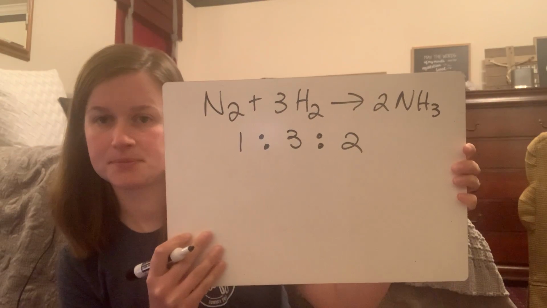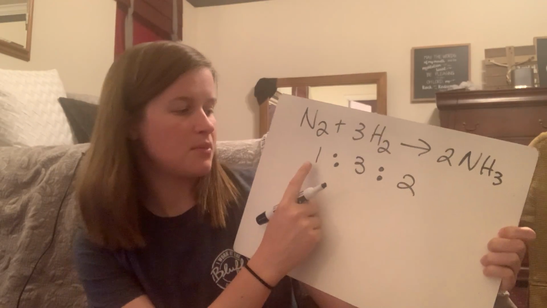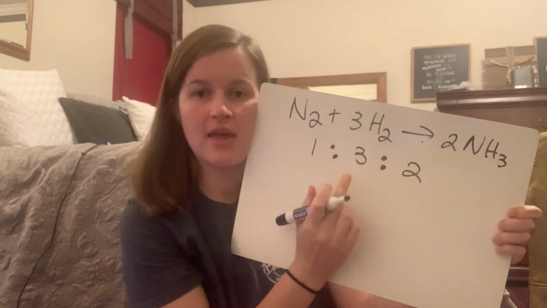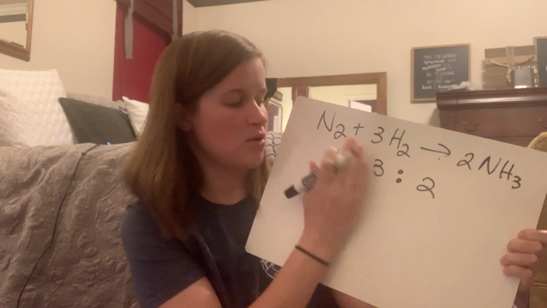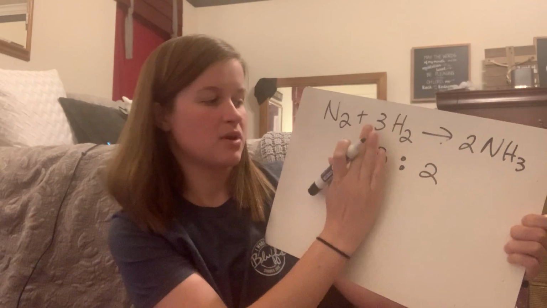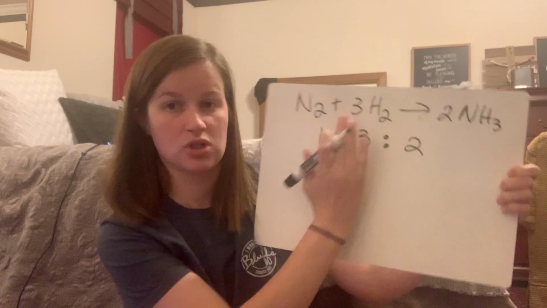So this is a 1 to 3 to 2 ratio. Nitrogen to hydrogen is a 1 to 3 ratio. And then if I wanted to go from hydrogen to ammonia, it's a 3 to 2 ratio. And if I wanted to go from nitrogen to ammonia, it's a 1 to 2 ratio.